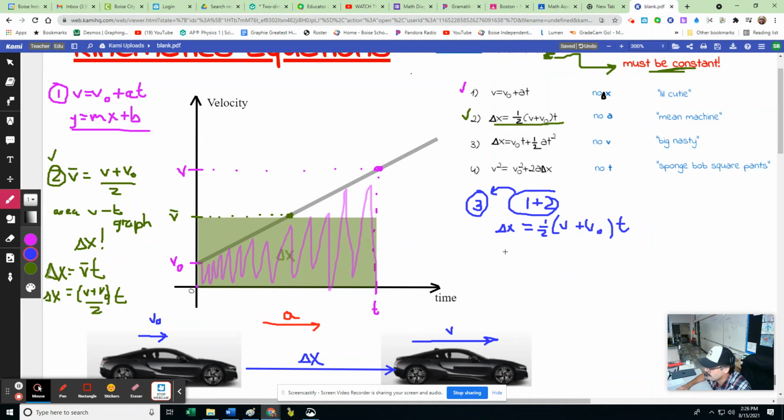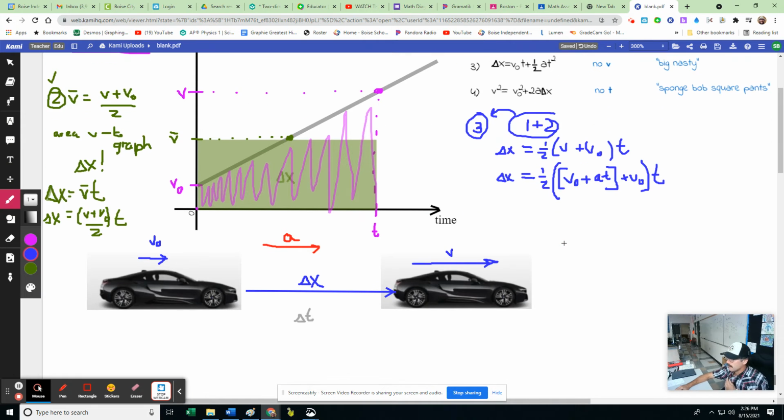So we're going to write that one more time. Delta x is equal to 1/2, but we're not going to write final velocity. We're going to write this stuff. So I'm going to write VO plus AT in its place. And then we can write the rest of this stuff, plus VO, all that times T.